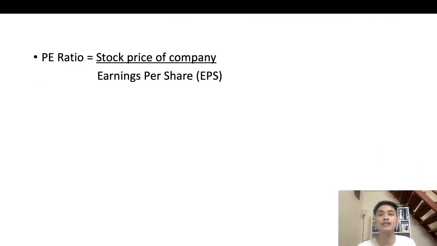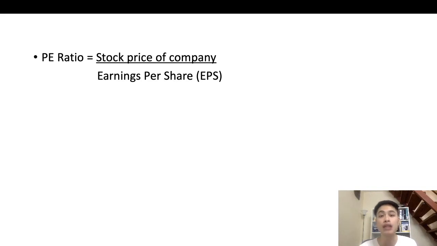So some people ask, what is a good PE ratio and what is a bad PE ratio? Good being that the stock is reasonably priced and bad being that the stock is overpriced. Unfortunately, there are no hard and fast rules to what is considered a good PE and bad PE ratio. This is because PE ratios are dependent on the sector and industry the company is in. Companies in certain sectors and industries may have higher PE ratios due to the nature of their business, while other companies in different sectors and industries may have lower PE ratios.